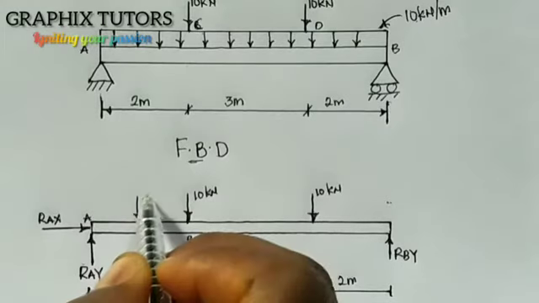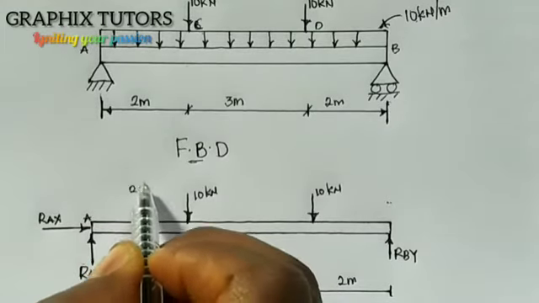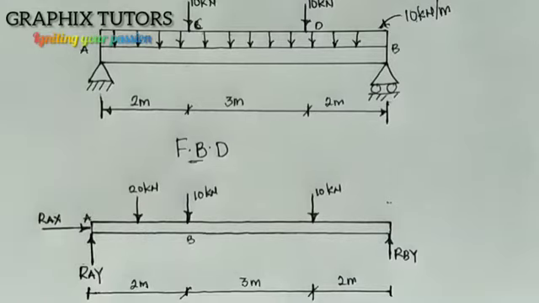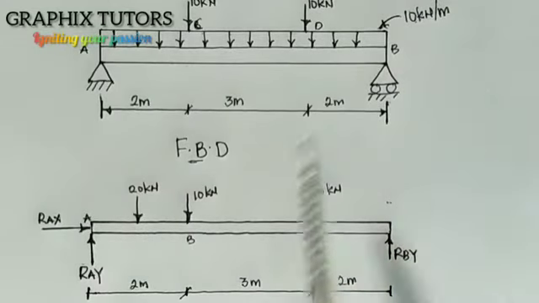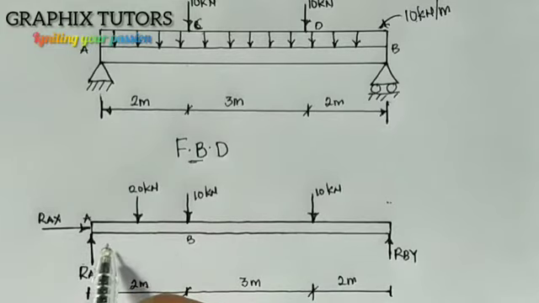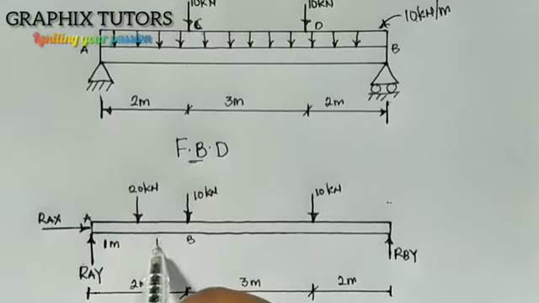Half the distance. So write the 20 kilonewton on it. We multiply 10 times the distance 2. That means from here to here is 1 meter, and from here to here is also 1 meter. So if I do that, that's what we have.